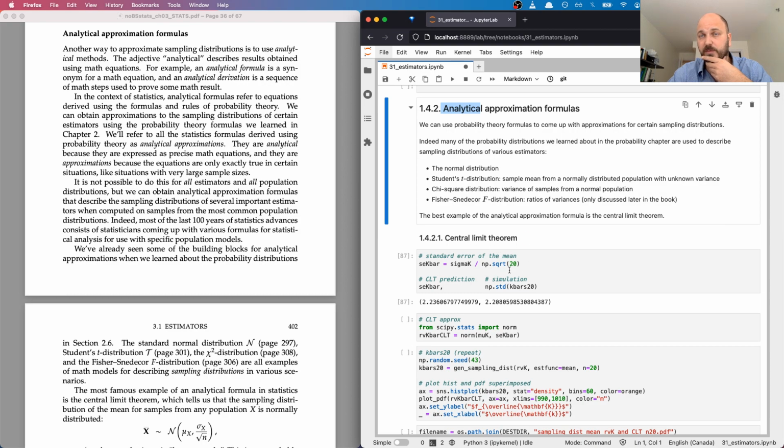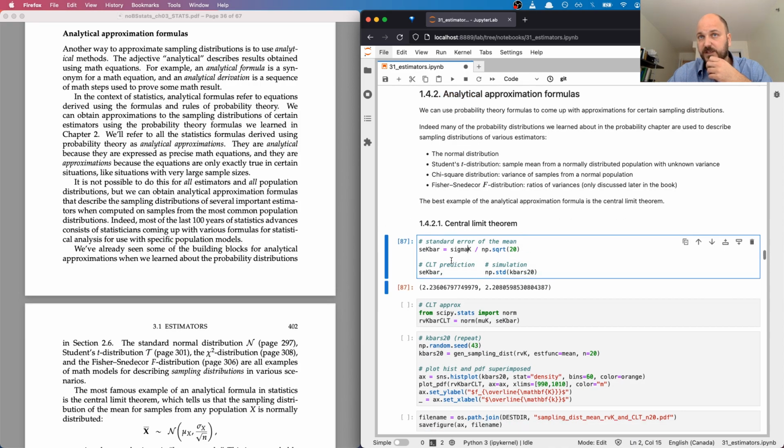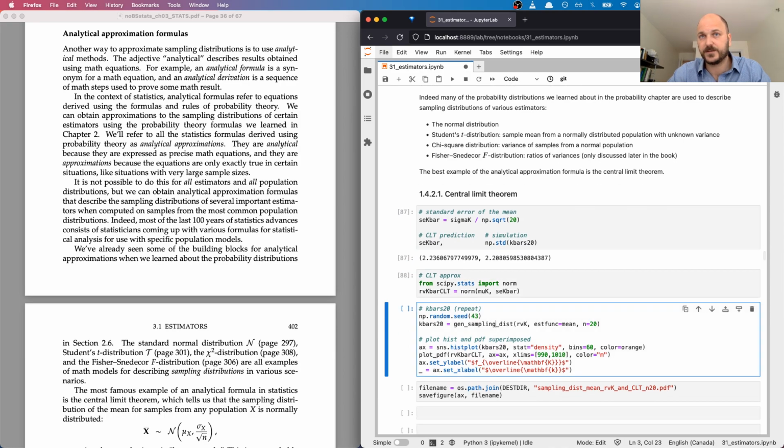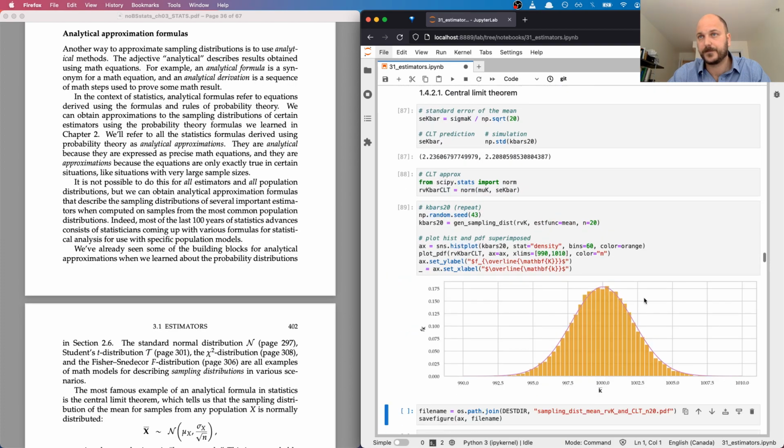And the one that you know about already is the central limit theorem. So this is the true sampling distribution of the mean. Let's plot it. Okay, so the histogram is the sampling distribution of the mean we obtained through simulation.